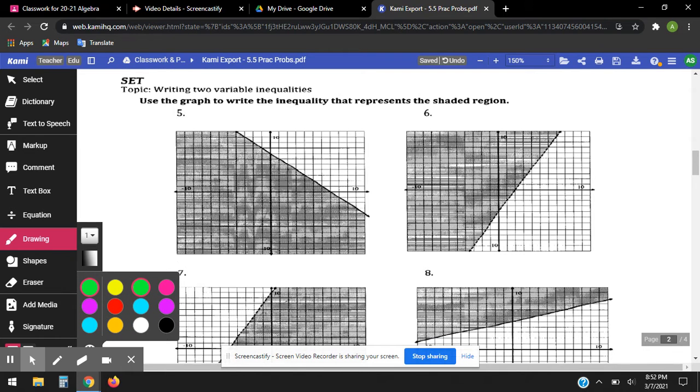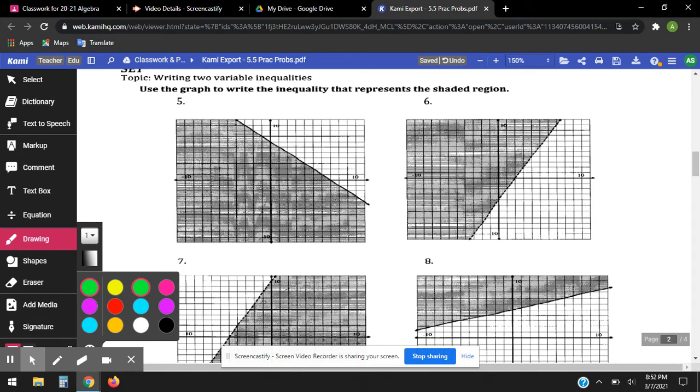All right. Well, I can look at the y-intercept, and I can look at the slope and write it in y equals mx plus b form, except it's not a y equals, but I'm doing the y's that are less than. It's a solid line, so equals. And let's see, what is my slope?